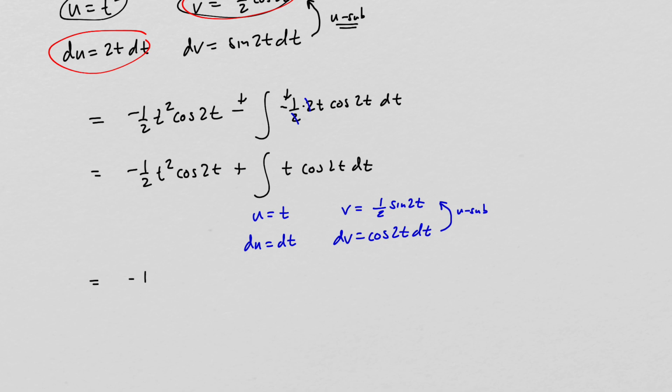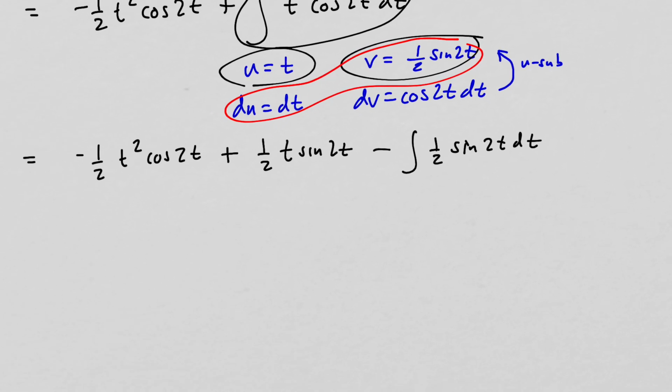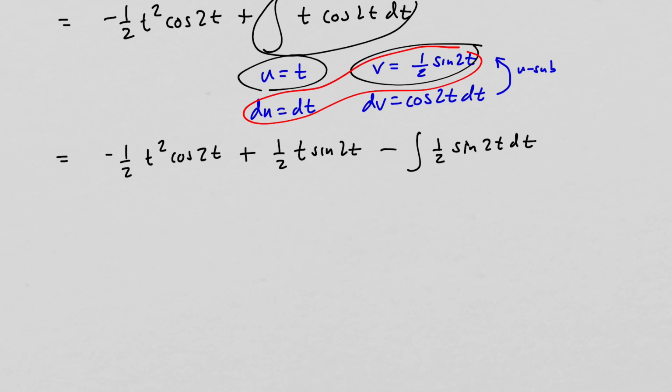So this now becomes negative 1/2 t squared cosine of 2t plus, this integral is u times v, so that's 1/2 t sine of 2t, minus the integral of 1/2 sine 2t times dt. So one final integral to do there.